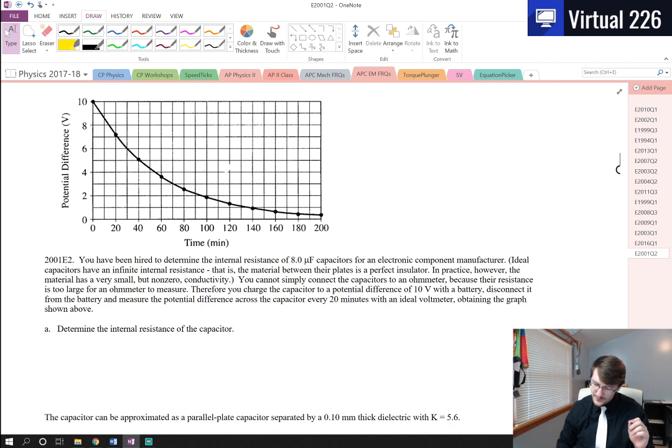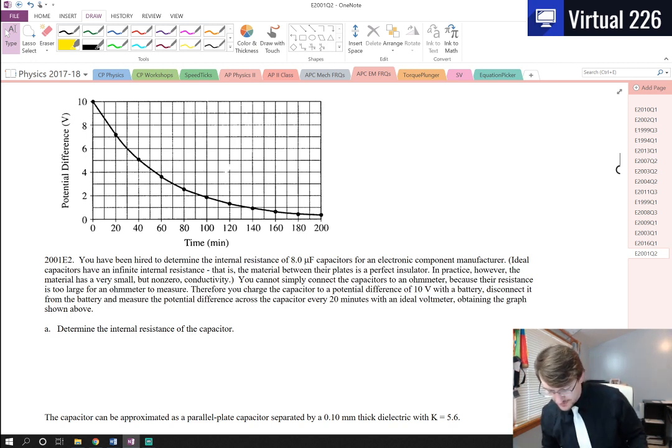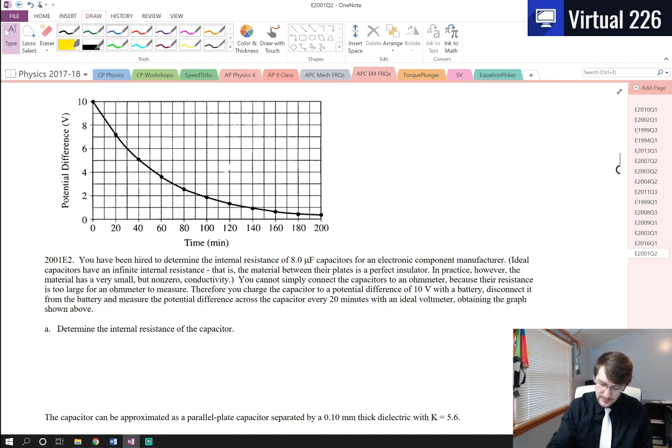Therefore, we need to charge the capacitor and then discharge it, and measure the potential difference across the capacitor every 20 minutes with an ideal voltmeter, obtained in the graph above. What we're asked to do is determine the internal resistance of the cap.